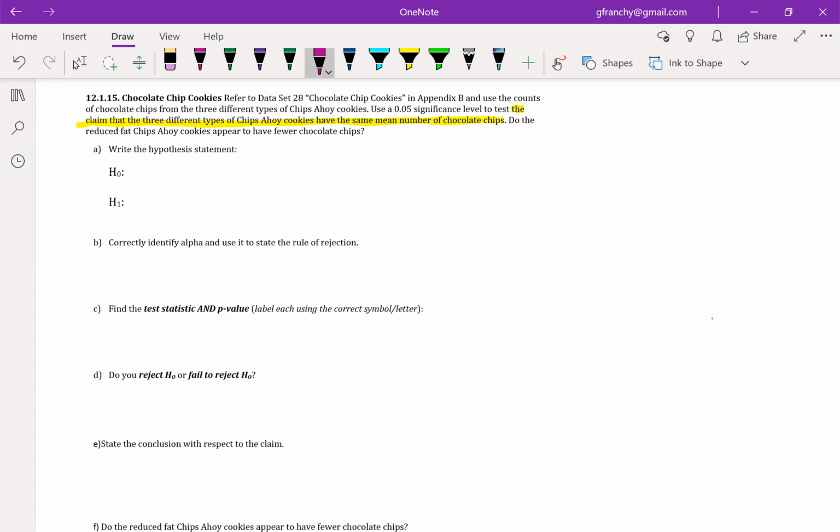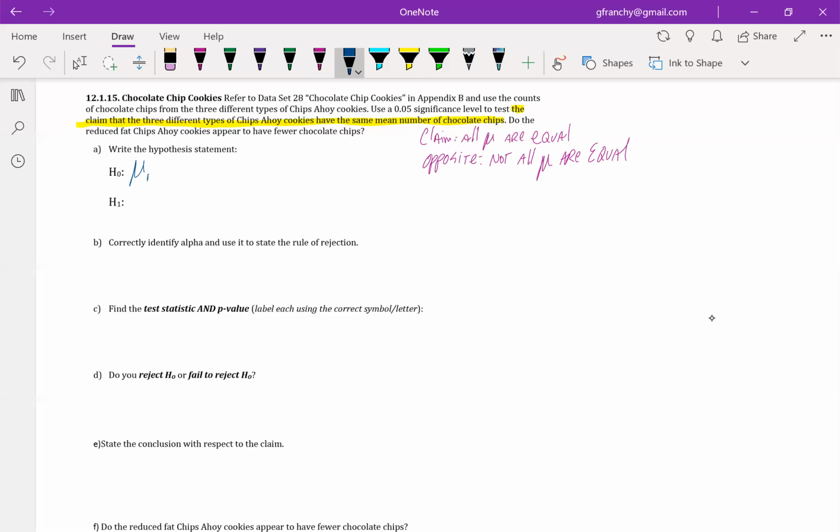So, run through our normal process, our claim: all the means are equal. Our opposite or negation: not all means are equal. So we can come over here.